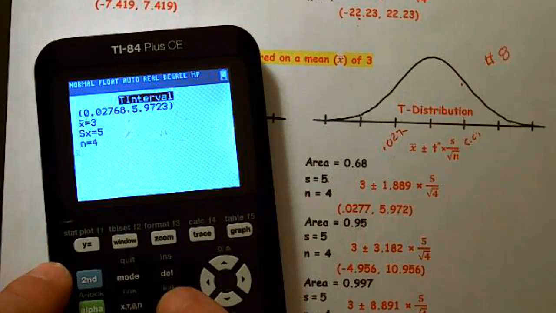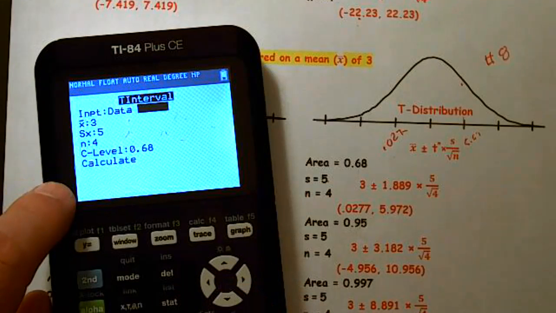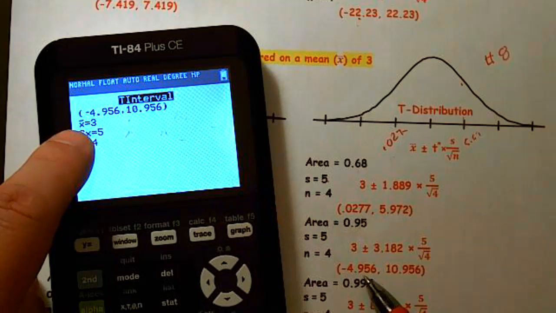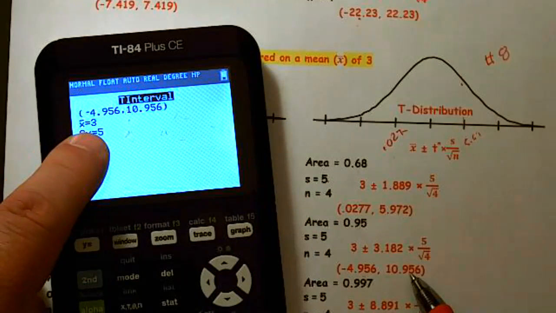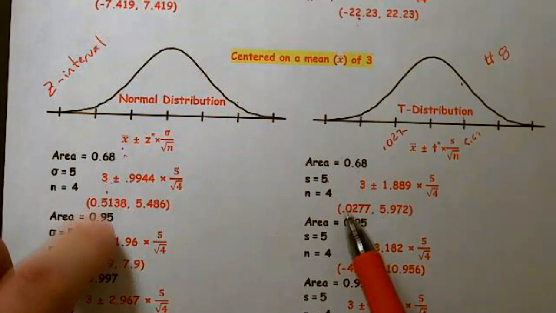If I go back and I do the same thing, we're going to go back to number 8, and we're going to change this level to 0.95. And when I look at this, I'm now at negative 4.956 to 10.956. Now, compare this to what we have.